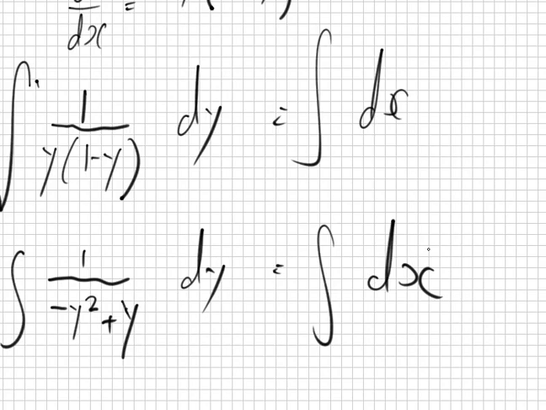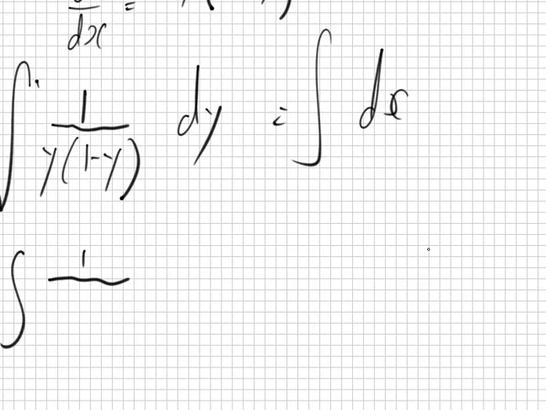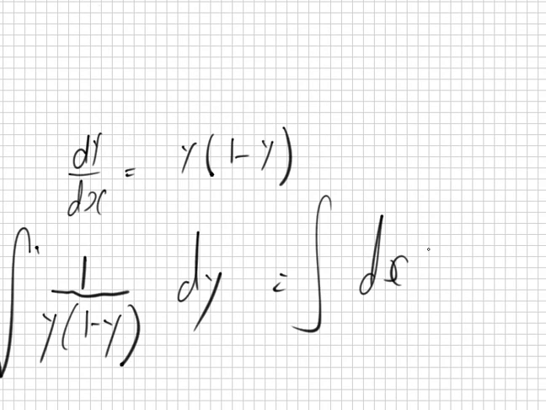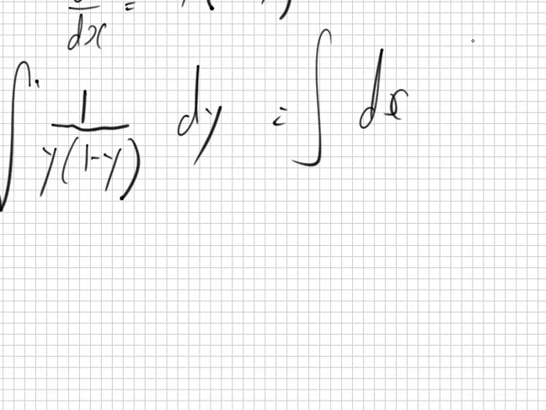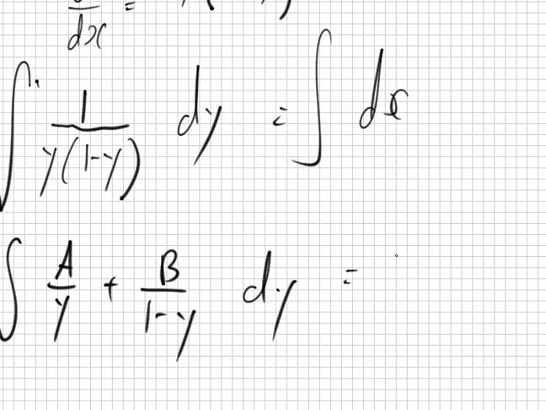It was the hope that you would recognize that, because that's why they didn't multiply out the top. So that you can see that this is one of these: a over y plus b over 1 minus y, dy equals dx.